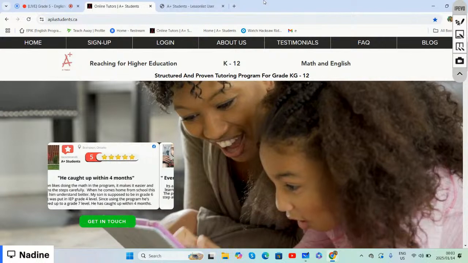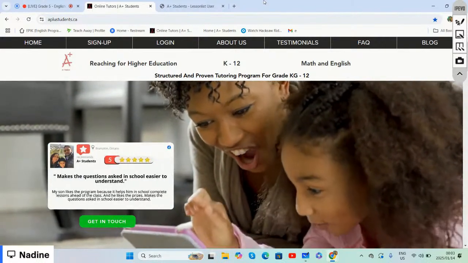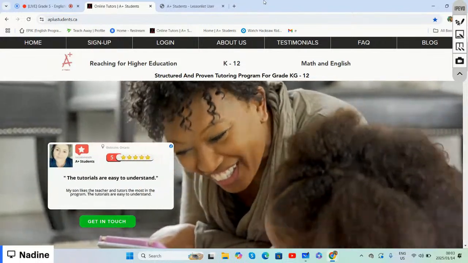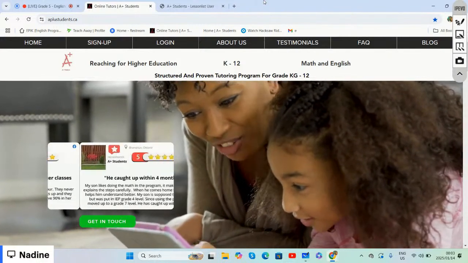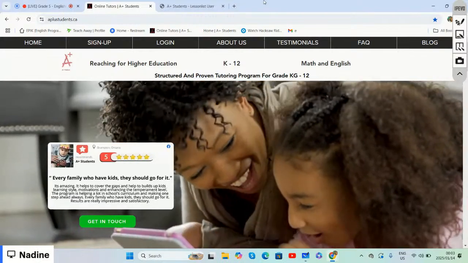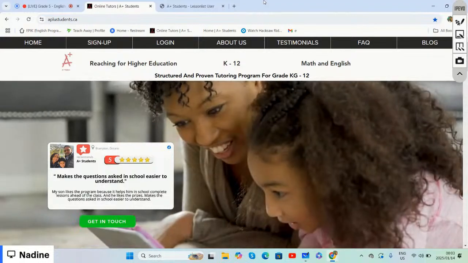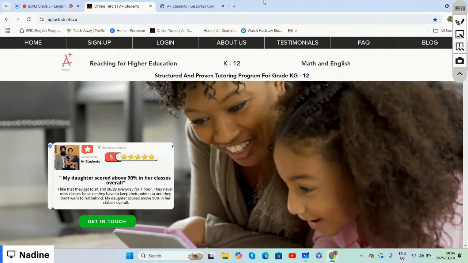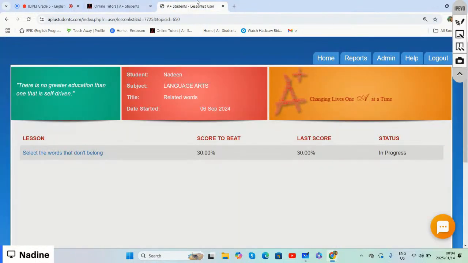We're doing grade 5. And then we're going to scroll down up until we get to our chapter of related words.